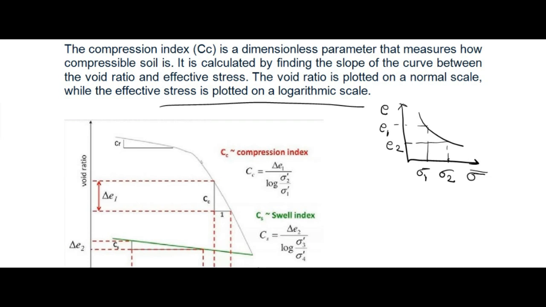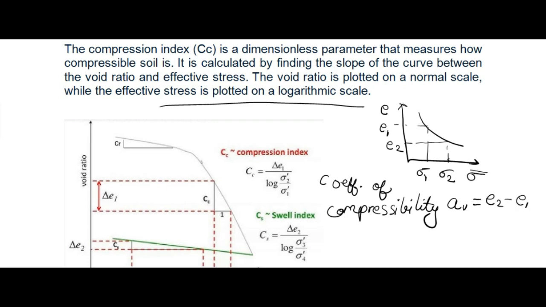Okay, so the coefficient of compressibility, that is a_v, is given as equal to e1 minus e2 divided by sigma 2 minus sigma 1.